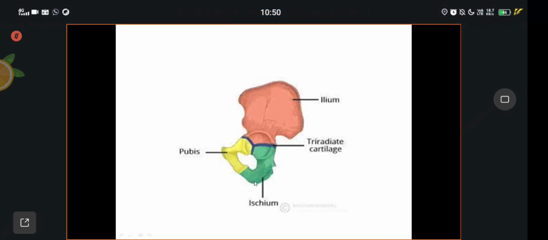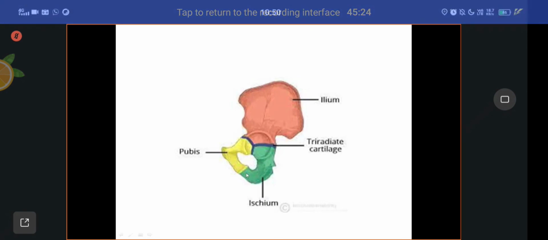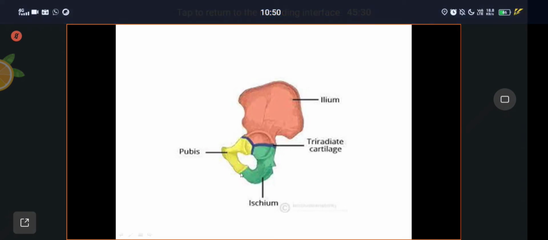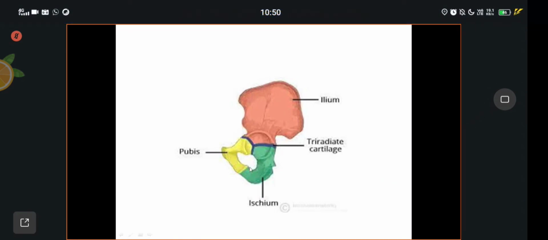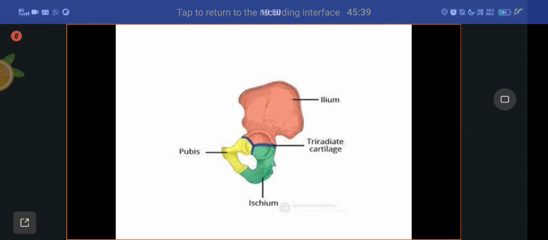This ramus of the ischium will join with the ramus of the pubis to form the conjoined ischio-pubic ramus.